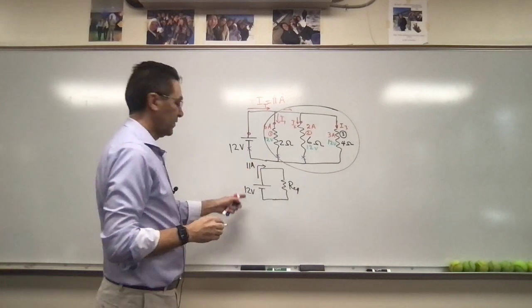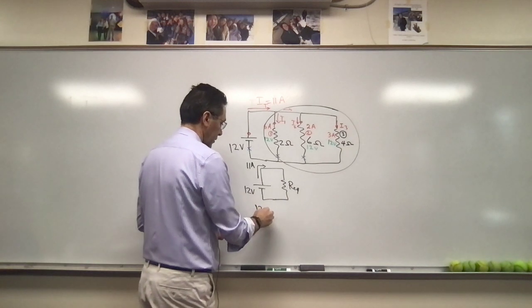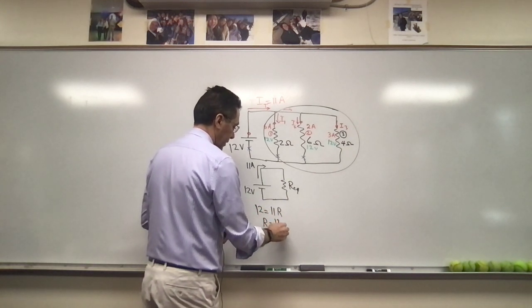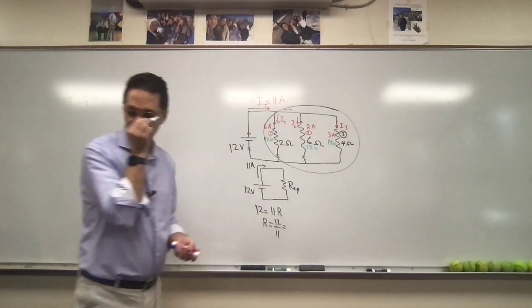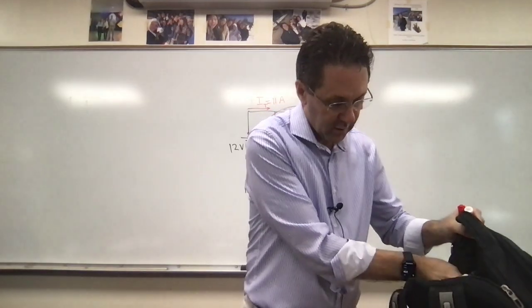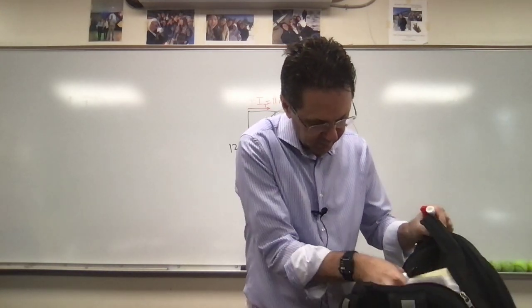You do V equals IR for this setup. So you do 12 equals 11 times R. So R is 12 divided by 11, and you do the math and you'll get some number in there, okay? Let me just take out my calculator, if I can find it.